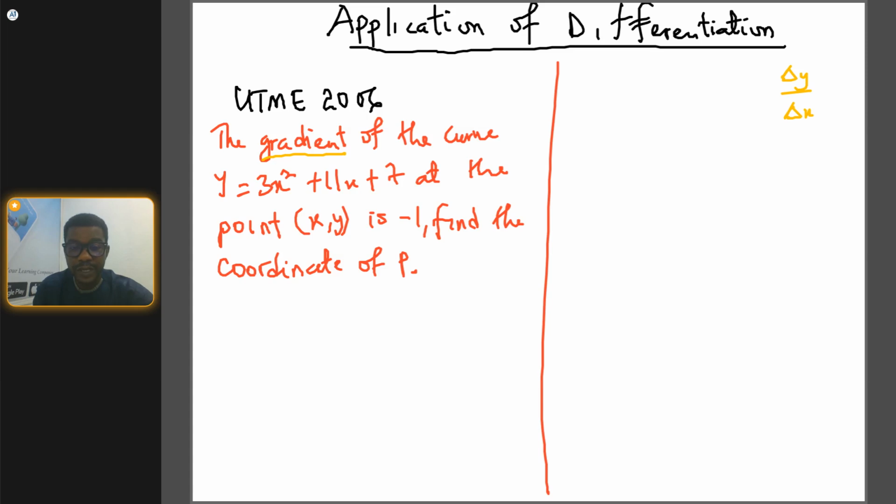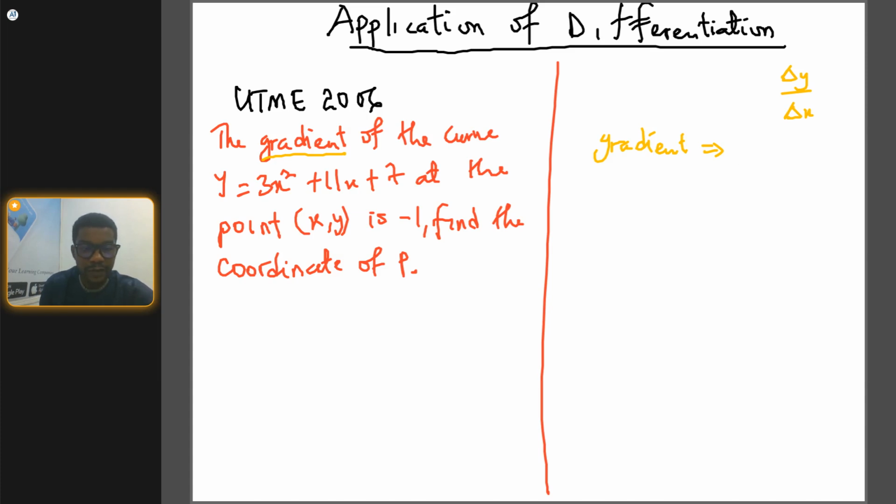So when you hear the word gradient in differentiation, it implies dy/dx, which is a derivative function, which is also differentiation itself. So gradient means differentiation, which is symbolized as dy/dx.